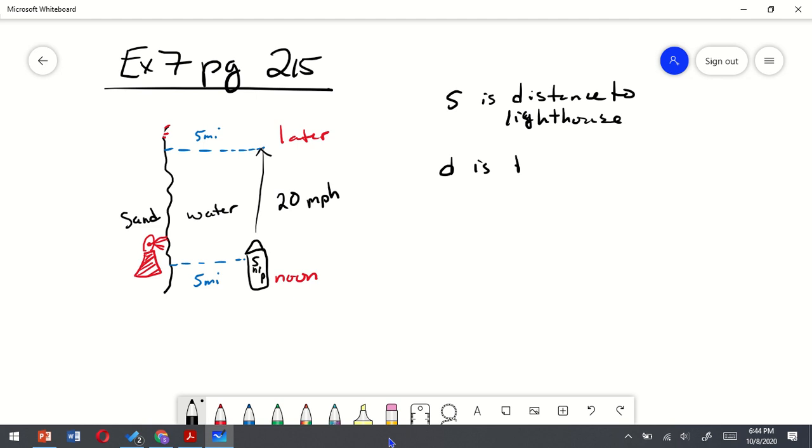D is distance from, let's say noon or 12 p.m. ship position. So if the ship knows how far it traveled, we're going to make a function so that you can then calculate how far from the lighthouse it is.